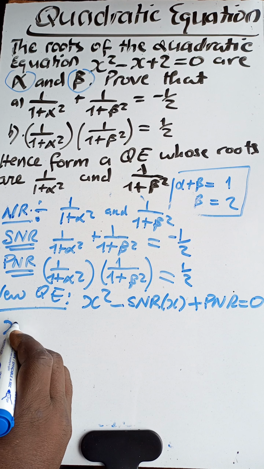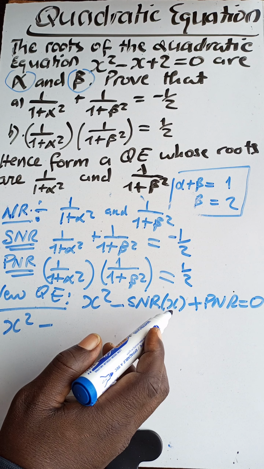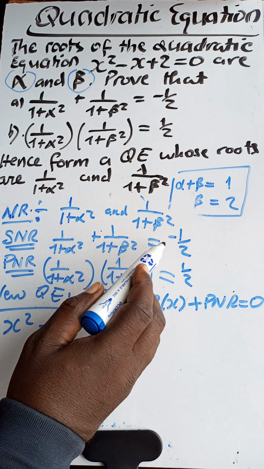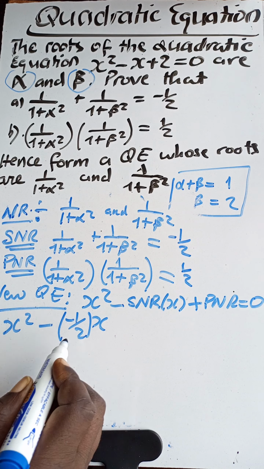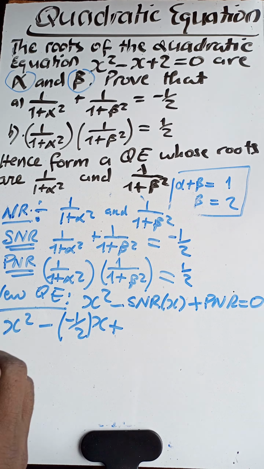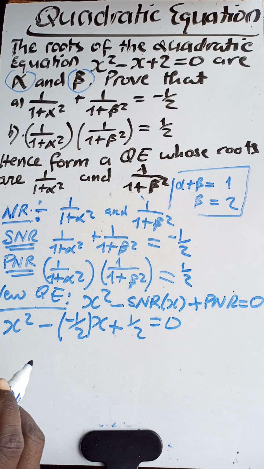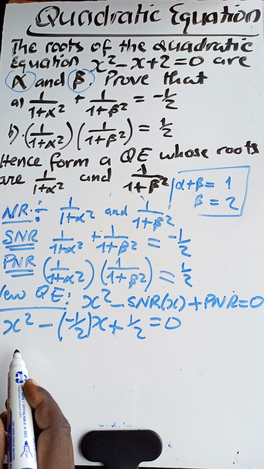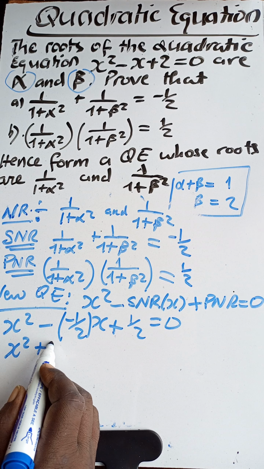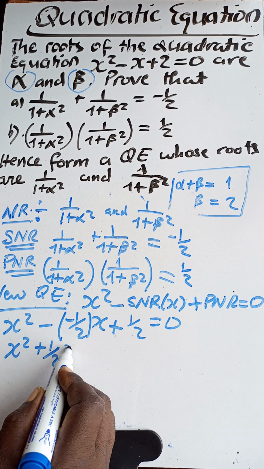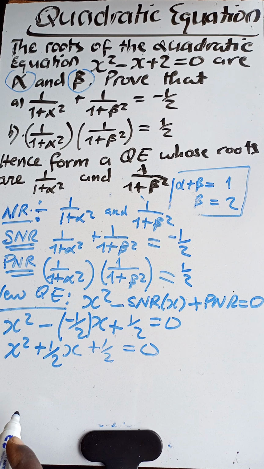So we're going to have x squared minus sum of new roots multiplied to x. Sum of new roots is negative half. So we have negative half multiplied to x plus product of new roots. Product of new roots, we found it to be half, equal to 0. And so now, what do we have? We have x squared, minus minus becomes plus, plus 1 all over 2 x plus a half is equal to 0.